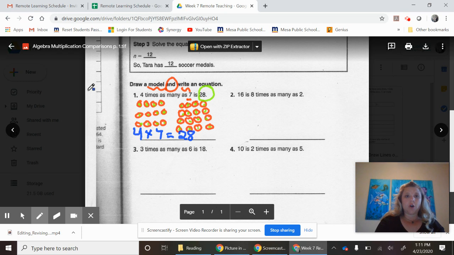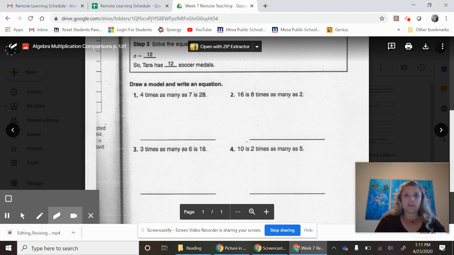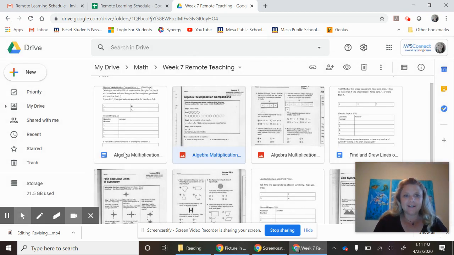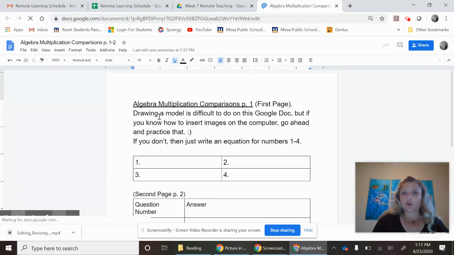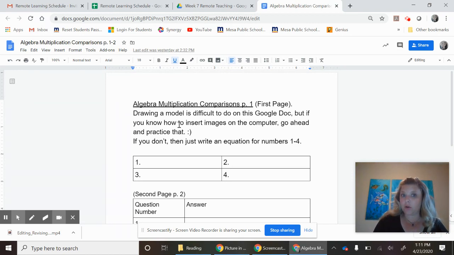Now, if I were to go back and erase this real quick and show you on the document what it would look like, because again, it might look a little bit different. I have the first page. Drawing a model is difficult to do on Google Docs, but if you know how you're going to insert images on the computer, go ahead and practice that. If you don't know, you would then write the equation. So again, you would come down here and you would type in 4 times 7 equals, and then you would type the answer.